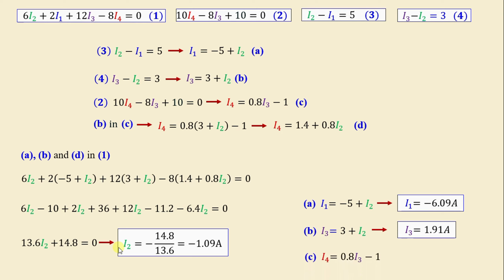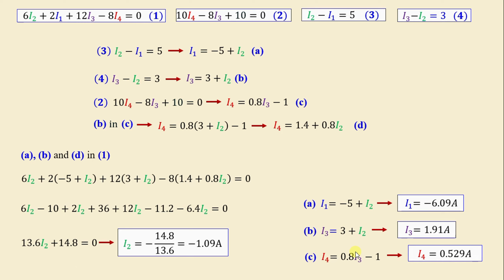And the last one, if we go to equation C, we have I4 is equal to 0.8 I3 minus 1. If we replace I3 with its value, we obtain I4 is equal to 0.529 amps. After completing the calculation, we conduct a simulation using SPICE to verify our results.